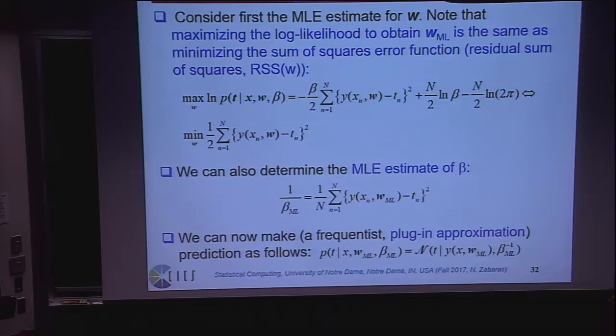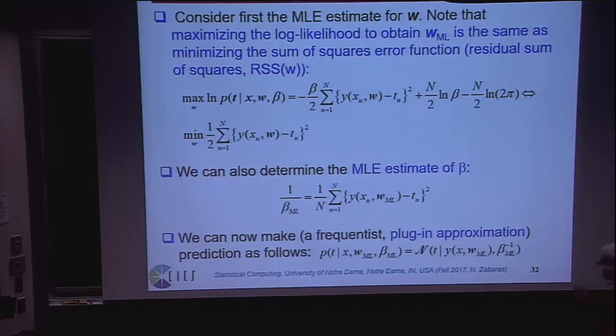Let's say you do your least squares, you minimize this, you find an MLE estimate for W, you find an MLE estimate for beta. If you want to do predictions for any x, you can actually use our regression equation the way we started a slide ago and plug in W and beta, taking the MLE values. This approximation is called the plug-in approximation. You put point estimates of W and beta and you hope they will work. When you do that, that's not Bayesian.